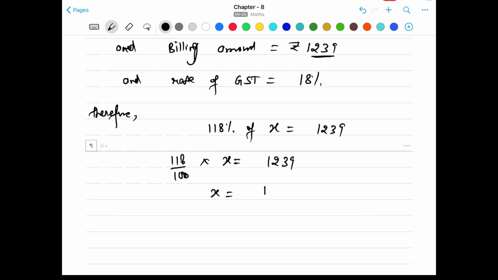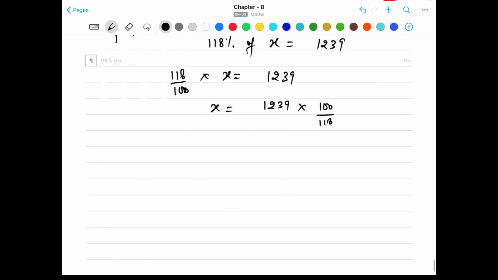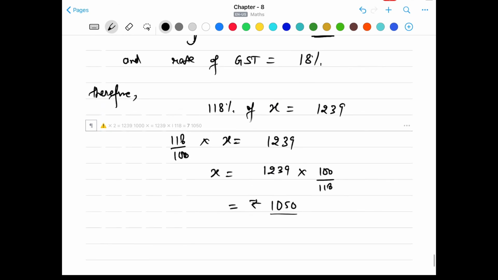So x from here will be 1239 multiplied by 100 divided by 118. When you solve this, you will get the result as 1050 rupees. That's the answer for question number 11.